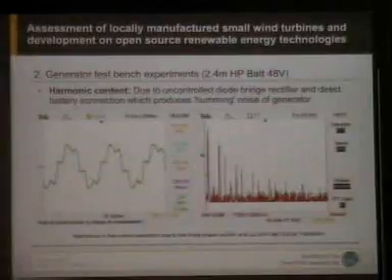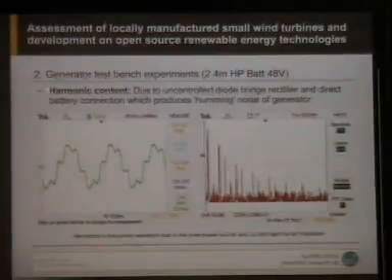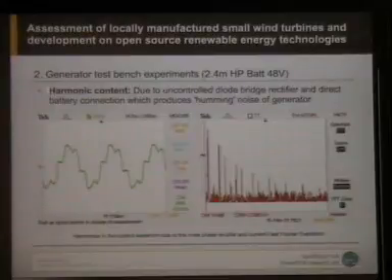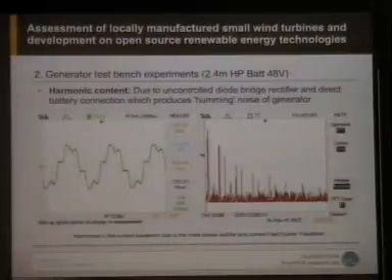Other things that we have seen, we have not really gone into this in detail, but there's a lot of harmonic noise because of the rectifier. It's an uncontrolled bridge rectifier, a really basic rectifier, and the batteries themselves also introduce a lot of harmonics in the current that creates a humming noise from the generator. A lot of people complain about this.